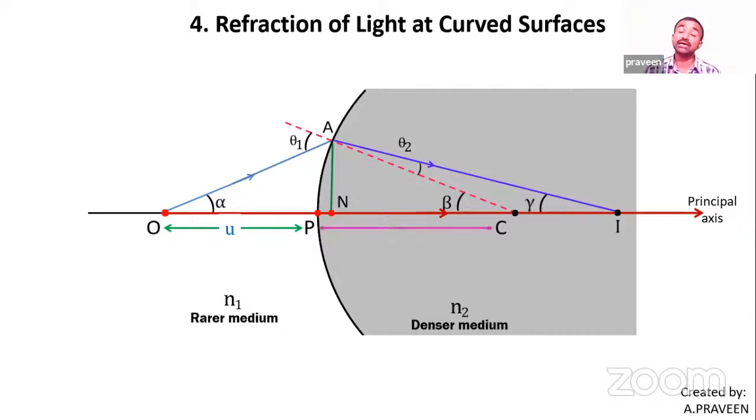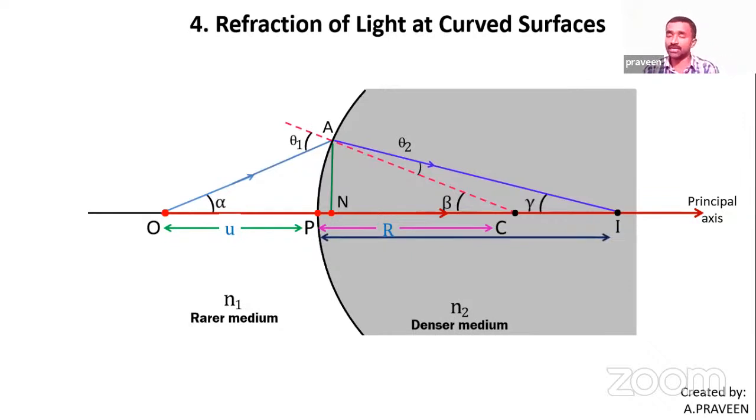The radius of curvature of the given curved surface is R, capital R. The image is formed at a point I. So now I am able to measure the length between the pole and the image point.